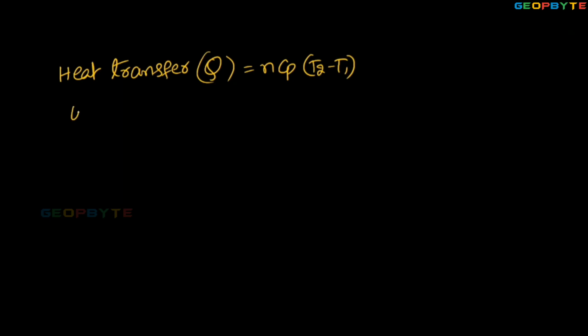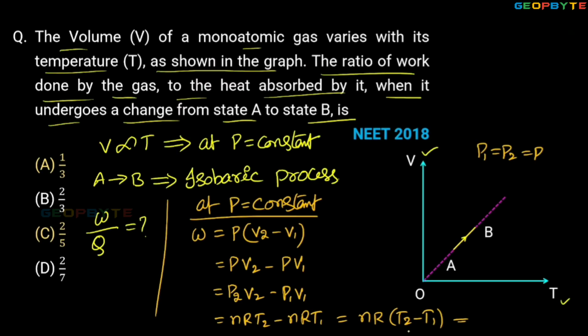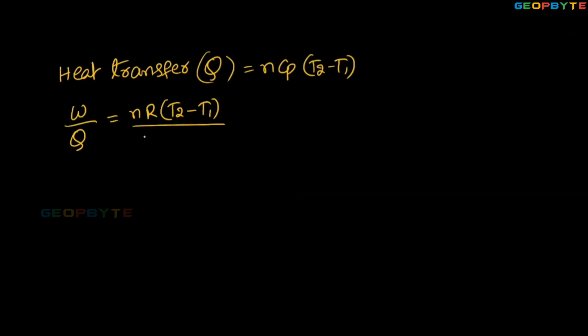Similarly, as you know, heat transfer Q equals n Cp (T2 minus T1). Then work by heat equals nR(T2 minus T1) divided by nCp(T2 minus T1). Here n is cancelled.